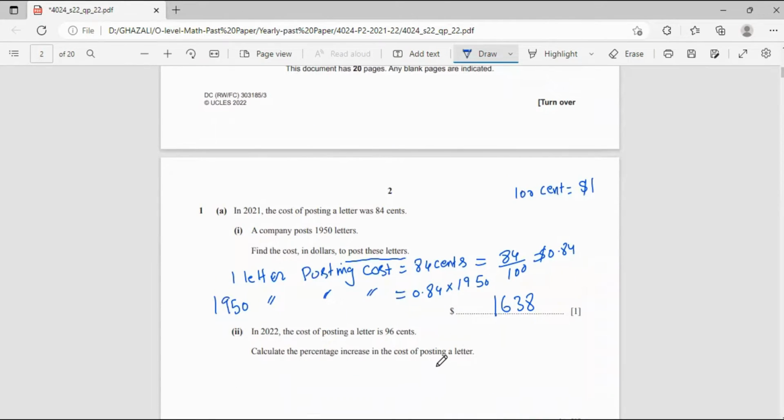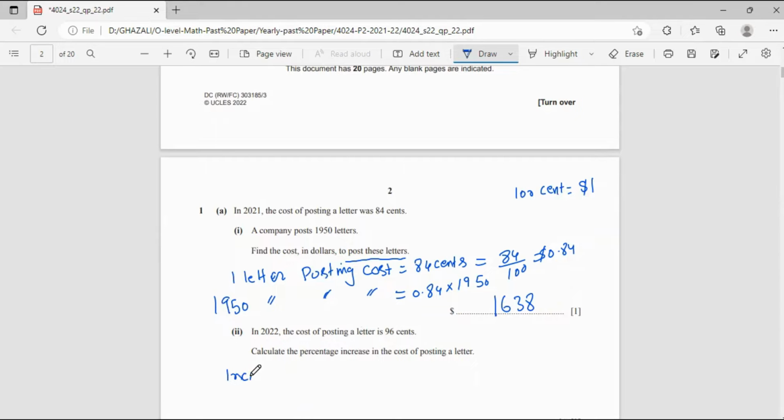Okay. Next step: in 2022, the cost of posting a letter is 96 cents. Calculate the percentage increase in the cost of posting a letter. Now, firstly, we find the increase value.